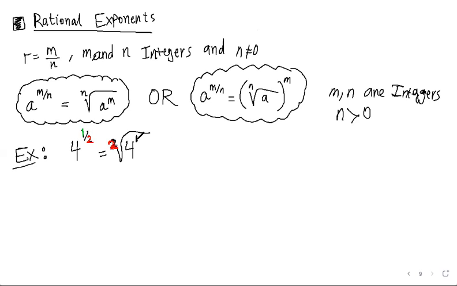Is it necessary to put the 1 on top of the 4? No, it's not necessary. So I can keep it like this: the square root of 4 without the 1. This is equal to 2.